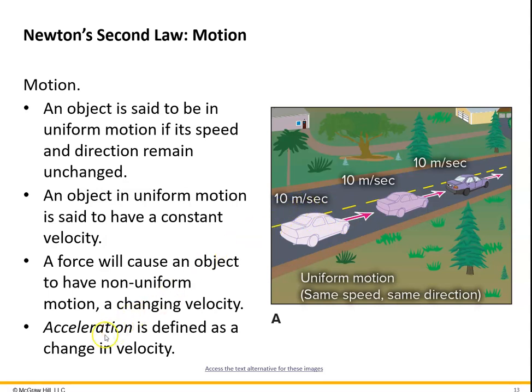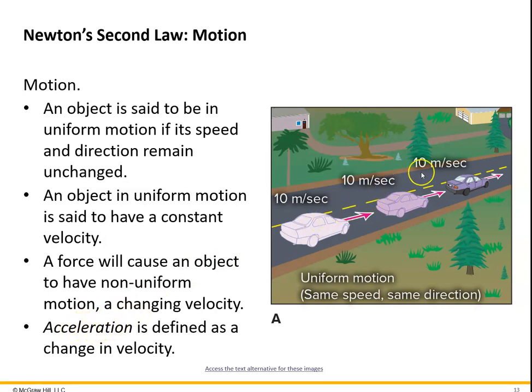There are actually three ways to accelerate. One is the obvious: you hit the gas. You push down harder on the gas, and the car accelerates. That's called positive acceleration.